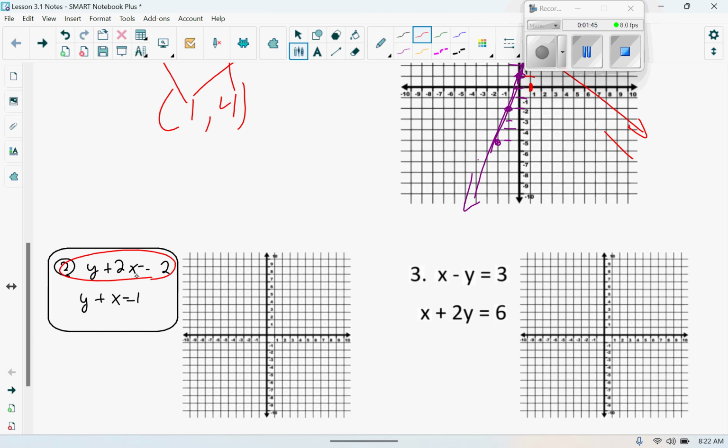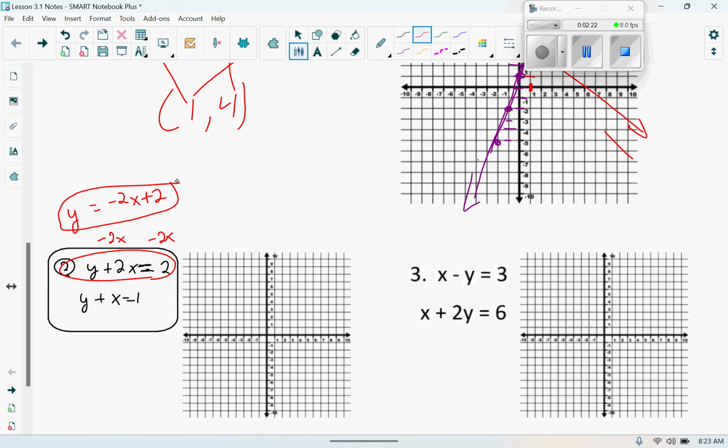Okay, this is in a different form, so I'm going to go ahead and graph that. I'm going to subtract 2x from both sides, and so I'm going to get y is equal to negative 2x plus 2.